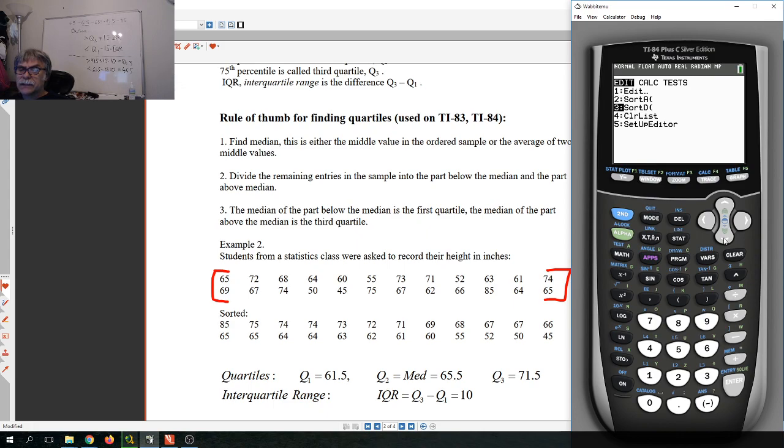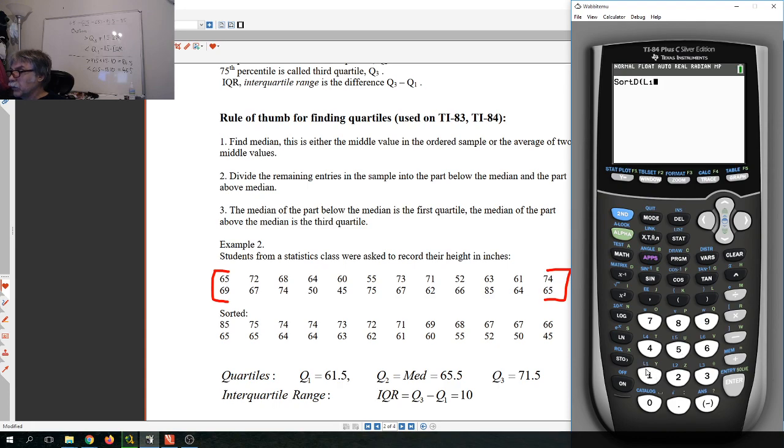Since you can see that in my story here I have sorted in descending order, I'm going to use descending order this time. You have to also write what you are sorting. So I am sorting list 1, which is second option 1 here. You can see the blue option here is L1, so you have to press second to get this blue option. And of course there is a green option, but we're not using that.